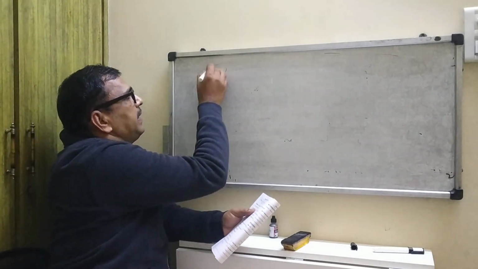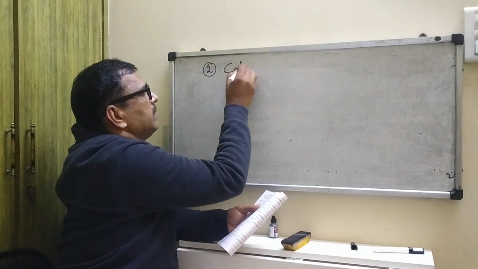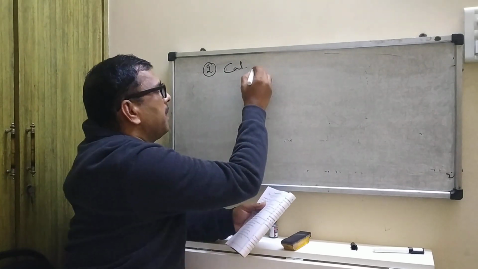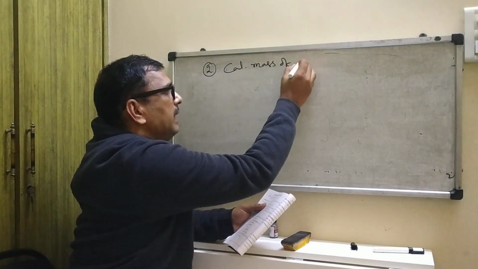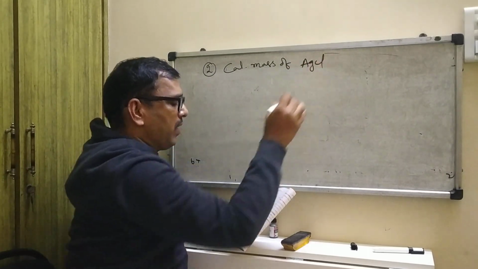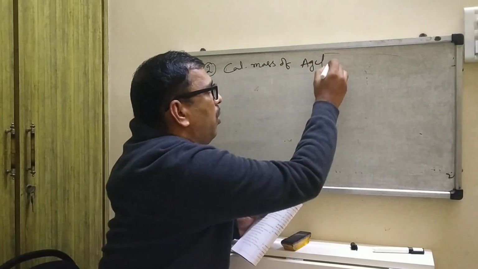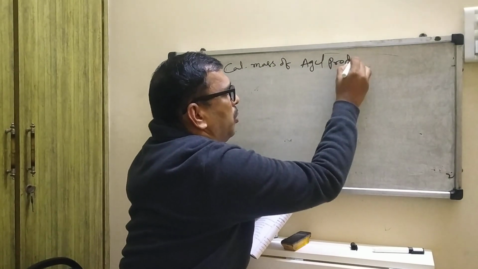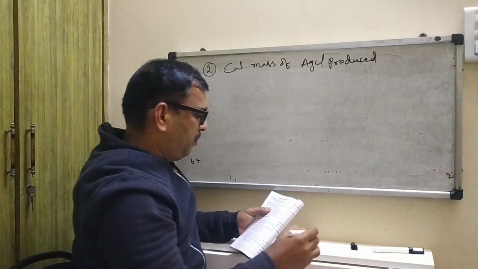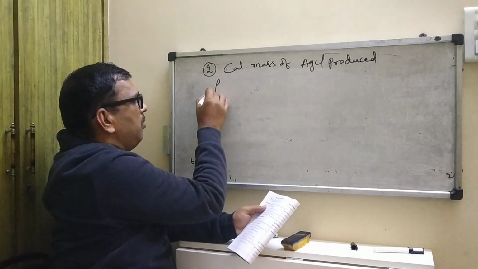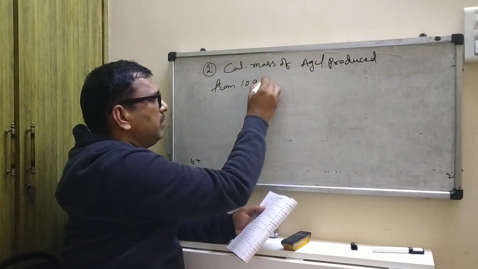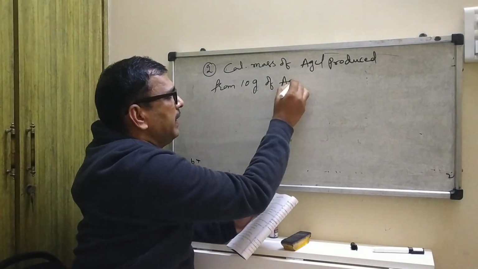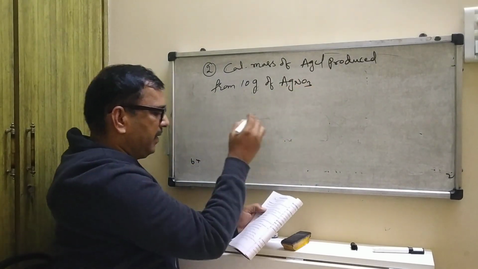Calculate the mass of silver chloride produced from 10 grams of AgNO3.